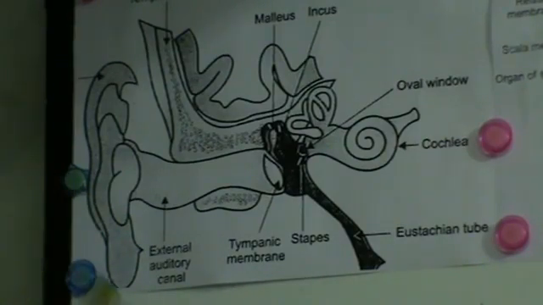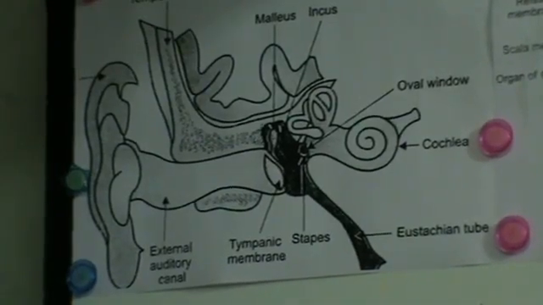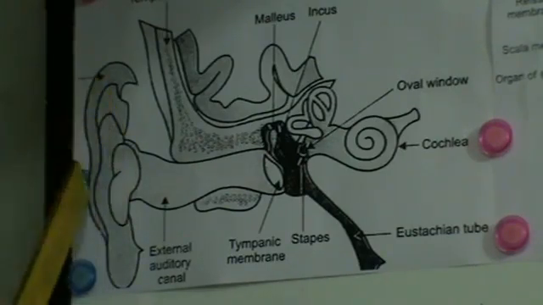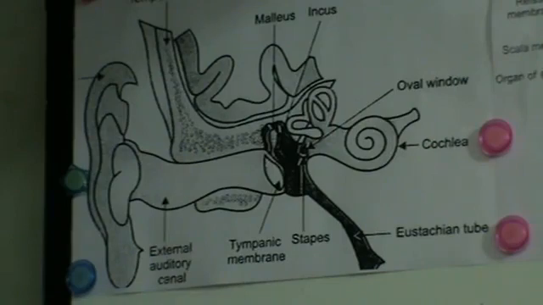The pinna and the external auditory canal contain certain glands. These glands act as a fly trap for insects, dust and potential irritants, so you would not have dust particles or insects or anything else that would irritate your ear go inside.